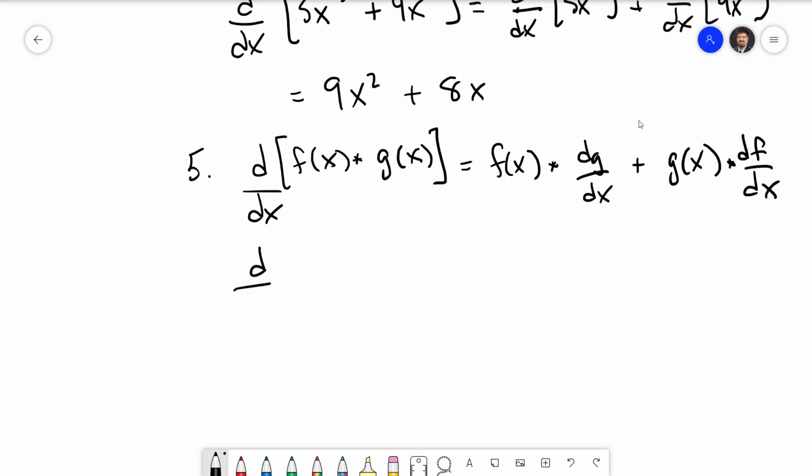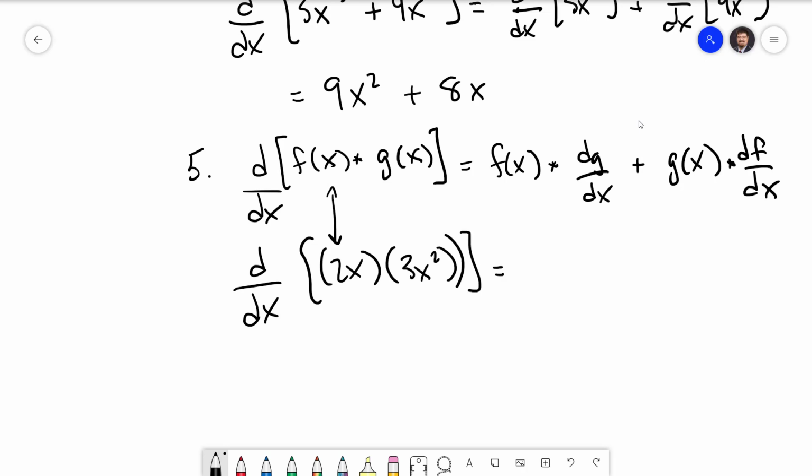For example, if we want to take the derivative of 2x times 3x squared, 2x is f of x, and 3x squared is g of x. So we take f of x, 2x, times the derivative of g of x, which is 6x.